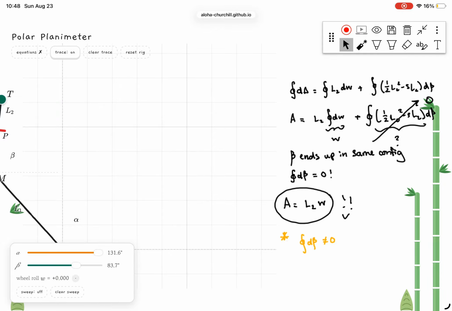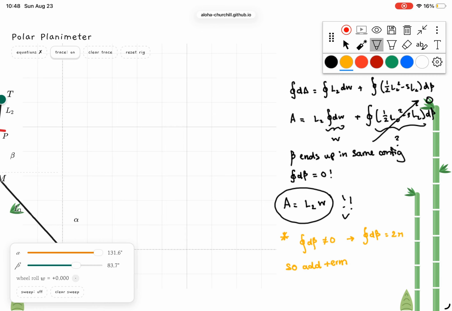This creates a constant offset known as the null circle, which is a baseline area that the wheel fails to register because the arm just spins in place without rolling. So to get the true area back in this scenario, you just have to add this fixed null circle constant back into your final result. And physical planimeters will often come with a table or a constant stamped right into the casing to tell you exactly how much area to add.